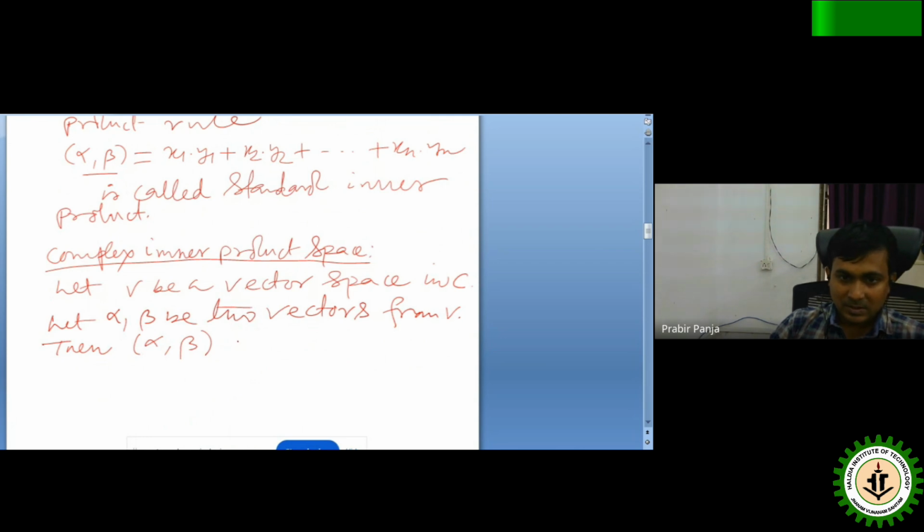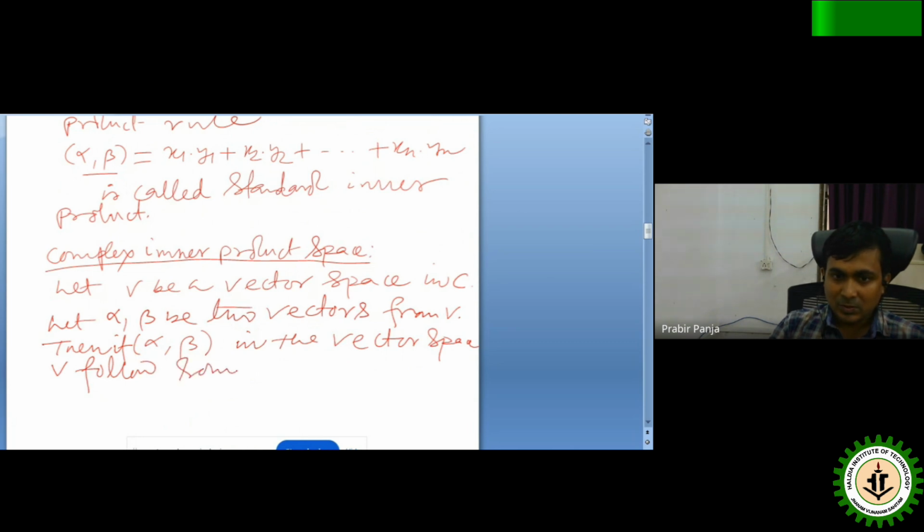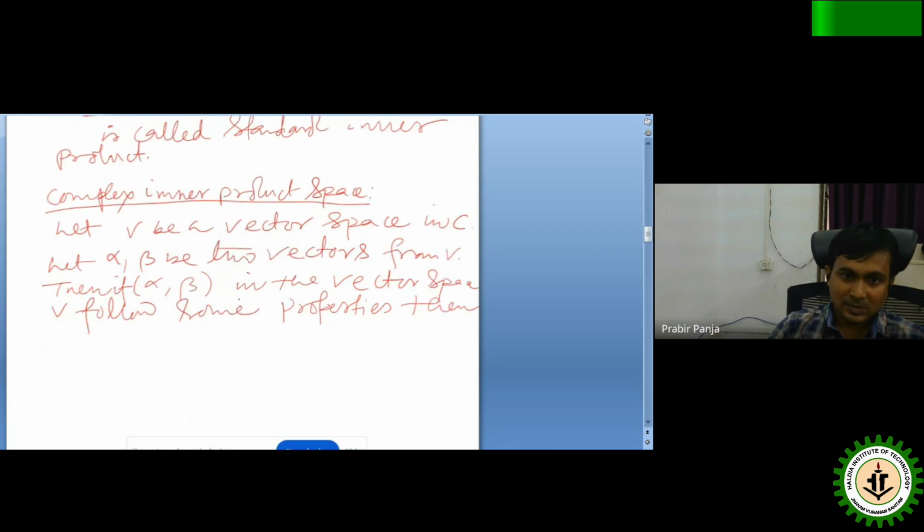Then for alpha beta in the vector space V, if the vector space V follows some properties or conditions, then V is called a complex inner product space.